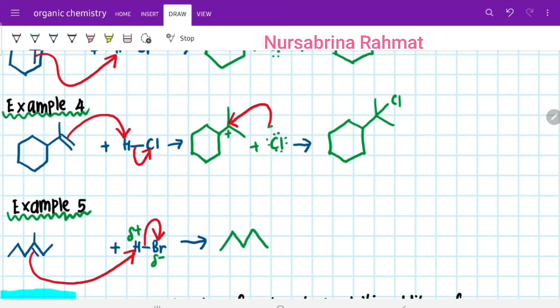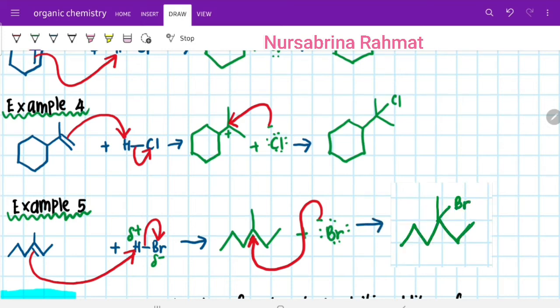The carbocation should be a higher degree carbocation, so in this one, instead of primary, we go to a tertiary carbocation plus our halide ion with a negative charge. So this halide ion will attack the positive center of your carbocation heterolytically, so that it will form your alkyl halides.